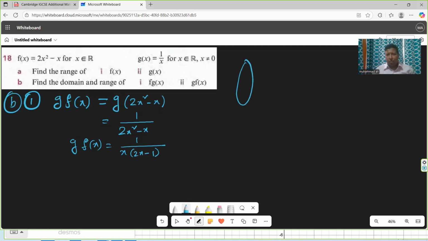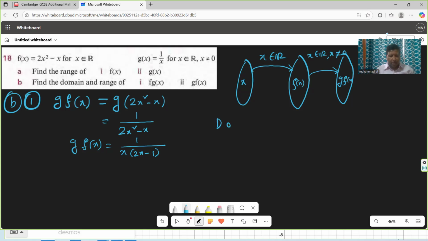If you observe this mapping, x connects with f(x), f(x) connects with g, that means gf(x). In the f function, the status of x is x belongs to real number. And when f(x) is put in the g function, x is not equal to 0.